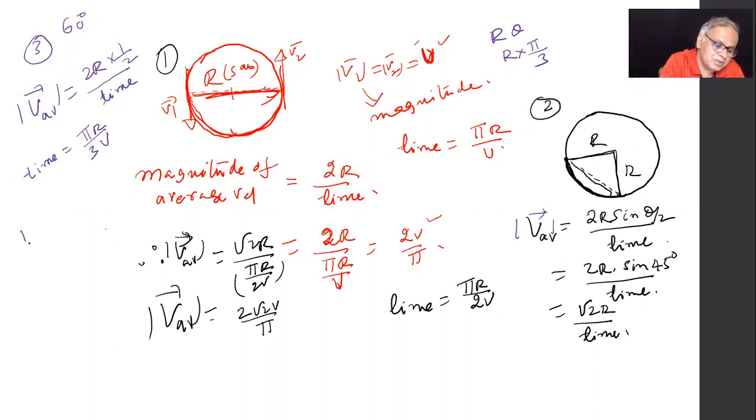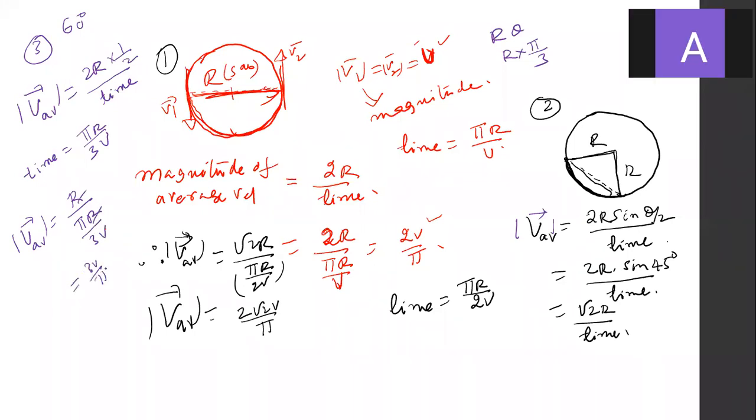Magnitude of average velocity will be r divided by pi r by 3v. So what am I getting now? 3v by pi. That is the third one. We can just multiply this with 2 for 120 degrees.